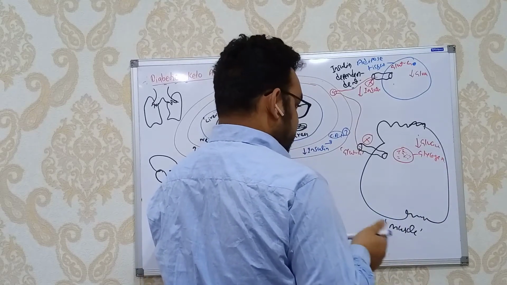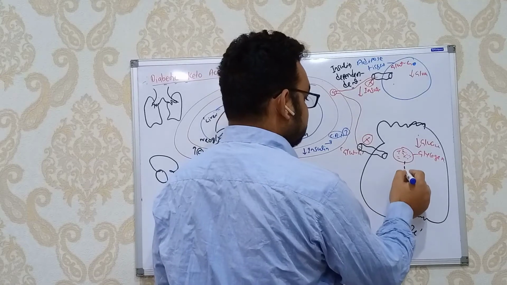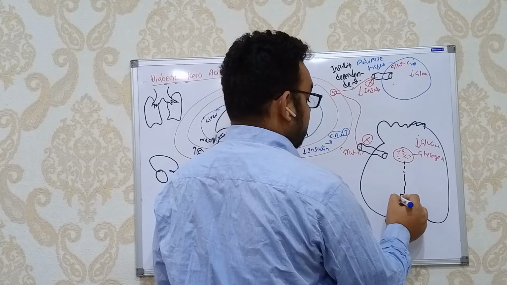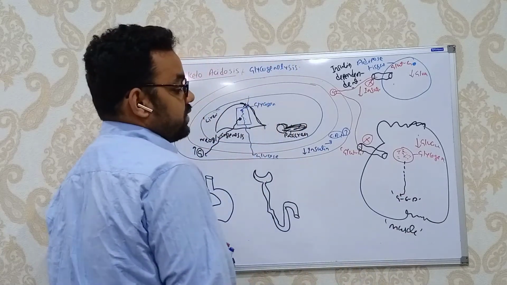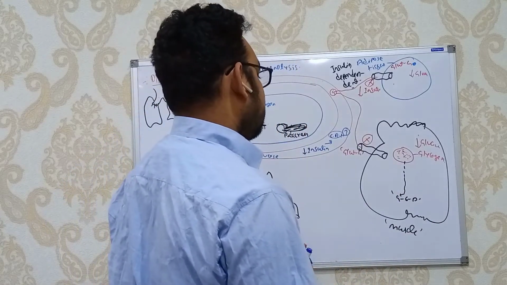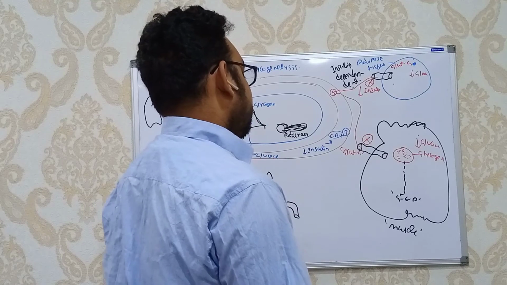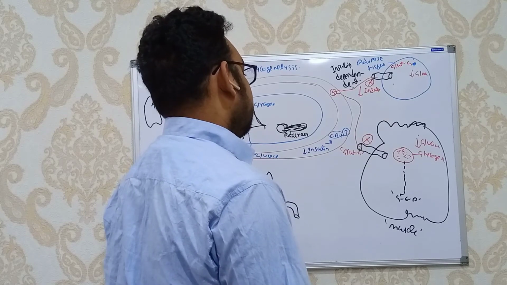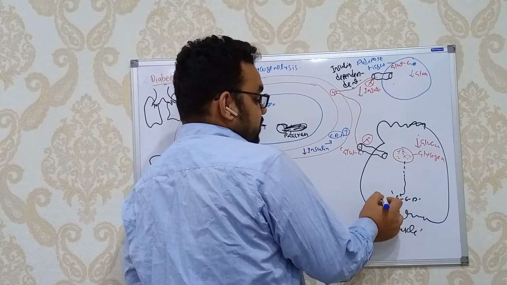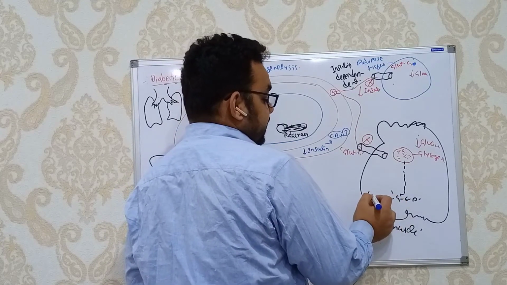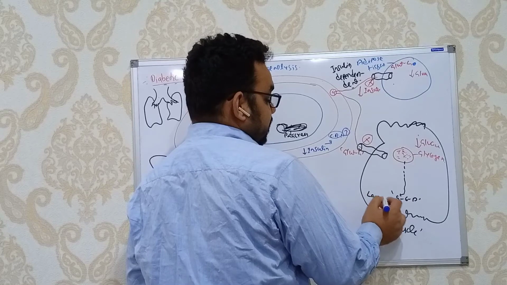Then this glycogen will be converted into glucose 6-phosphate. The muscles can't convert the glycogen into glucose directly, because the enzyme that is required for the final step from glucose 6-phosphate to glucose is not present within the muscles. So this glucose 6-phosphate will further convert into lactate.